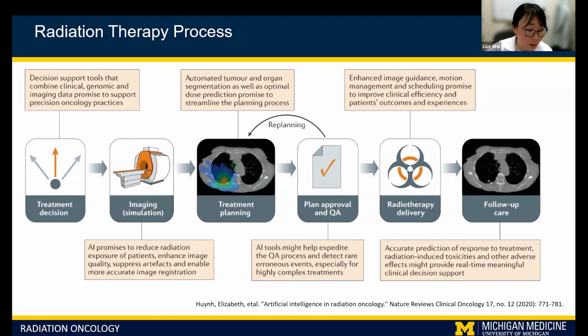So based on a tumor board discussion, if a patient is referred for radiation therapy, then the second step is to have the patient in the CT simulator to get a planning CT ready. That CT is then used in the third step to contour the tumors, and the physician will prescribe the desired dose for the tumor, and the dosimetrist will do the treatment planning based on this planning CT.